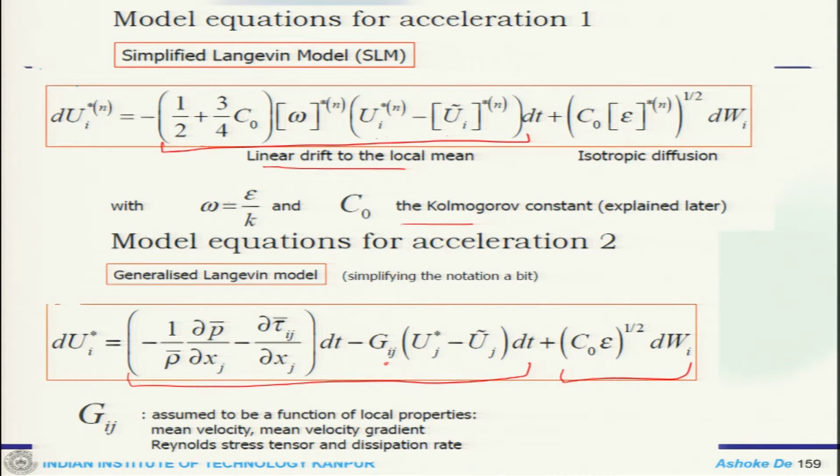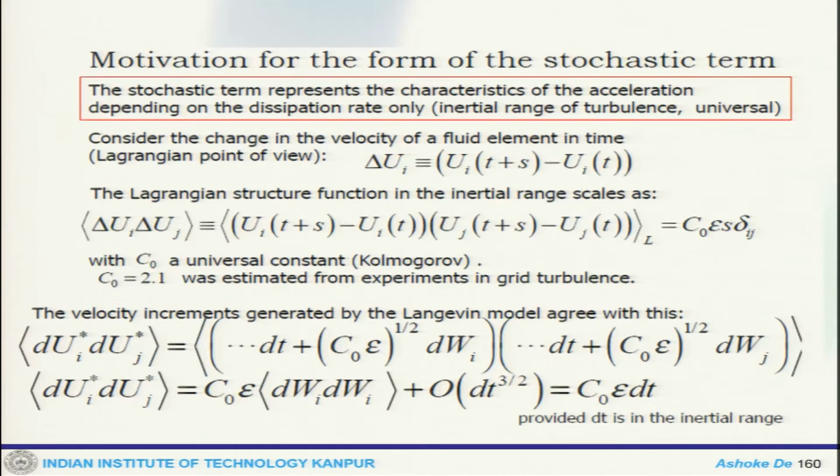And how would that look? The idea behind that is that the stochastic term represents the characteristics of the acceleration depending on the dissipation rate only. That means it is in the inertial range of turbulence.